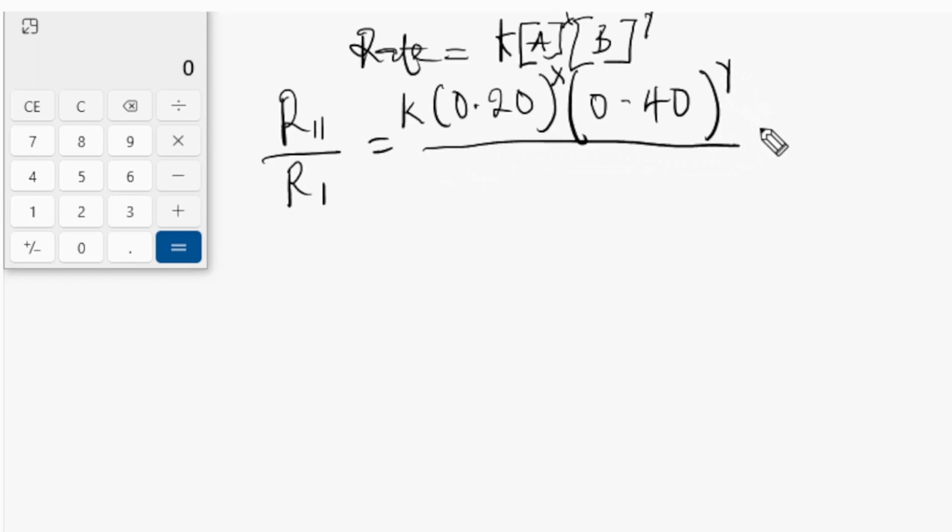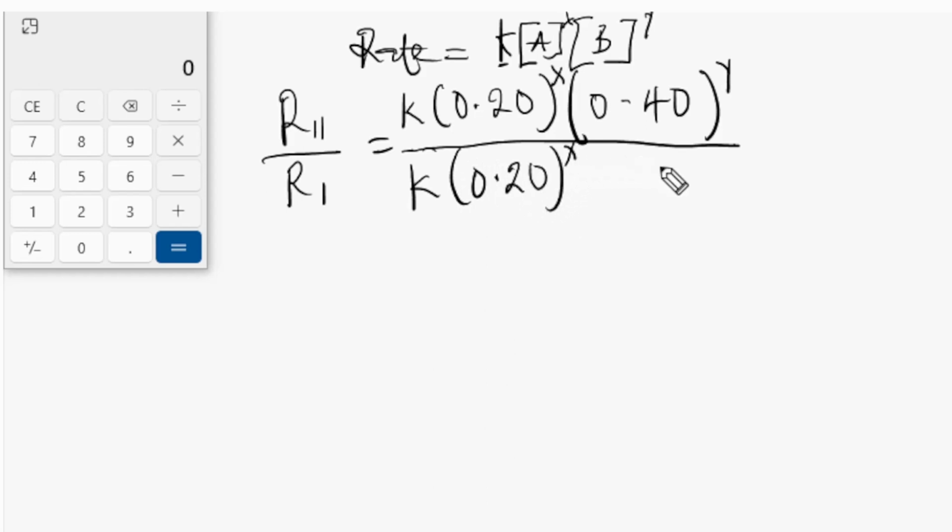So this is it. So for R1, for the rate 1, that will be K times concentration of A with respect to the first rate, which is still 0.20 actually.